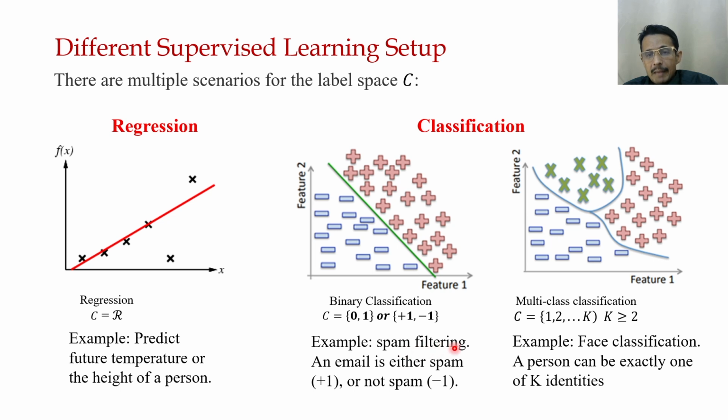For example, in spam filtering, an email may be spam or not spam, so it is a plus 1 case or a minus 1 case. Multi-class classification is just an extension to multiple classes. Here there is a green cross, a blue dash, and other classes. For example, in face classification, a person can be exactly one of k identities. These are examples of multi-class classification.